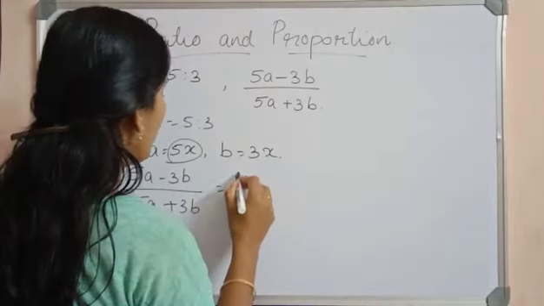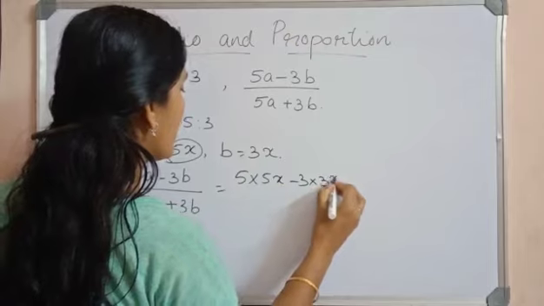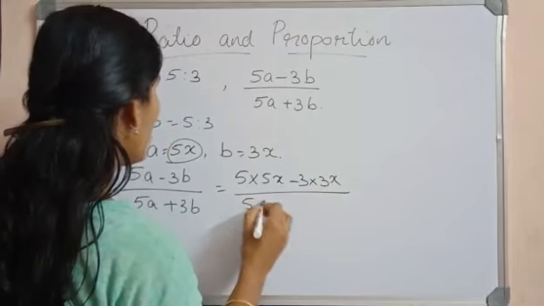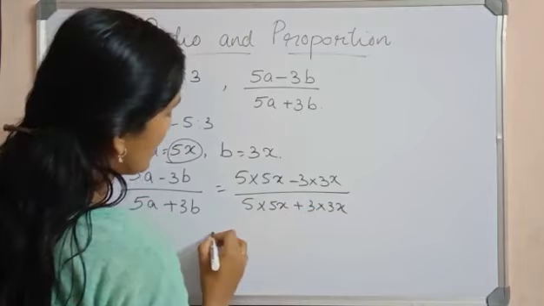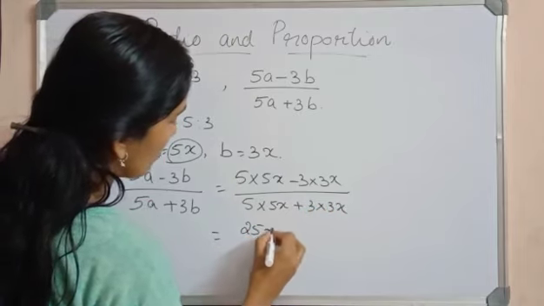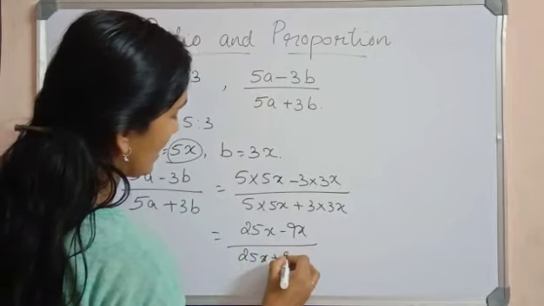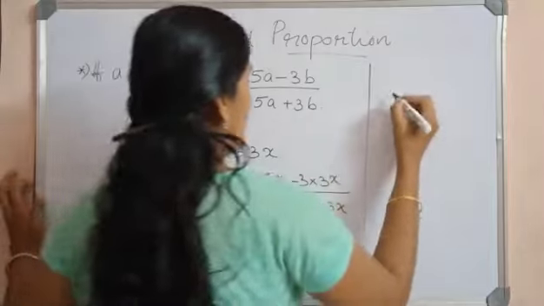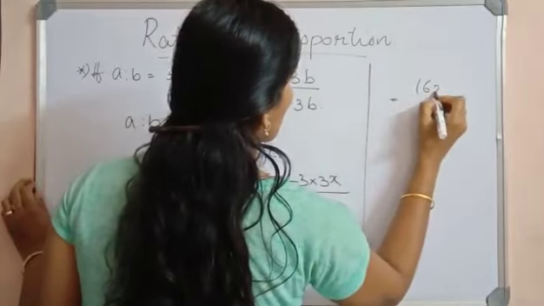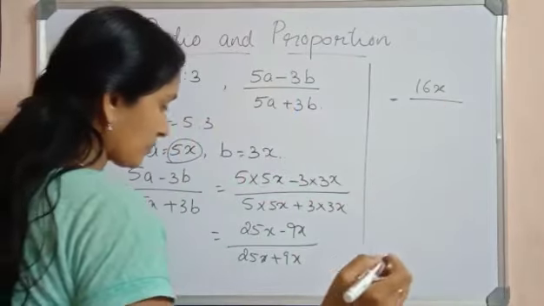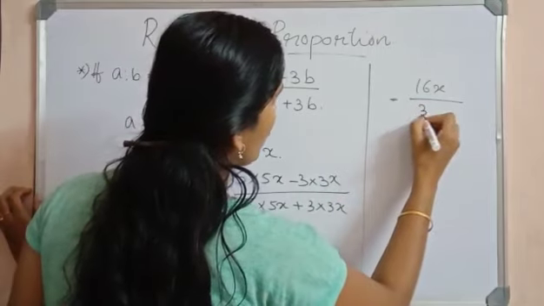That is equal to 5 into 5x minus 3 into 3x divided by 5 into 5x plus 3 into 3x, and that is equal to 25x minus 9x divided by 25x plus 9x. 25 minus 9 is 16, so 16x divided by 25 plus 9, which is 34x.